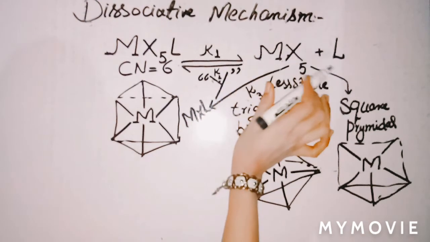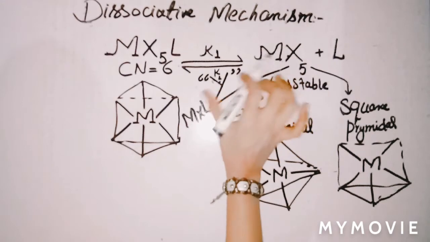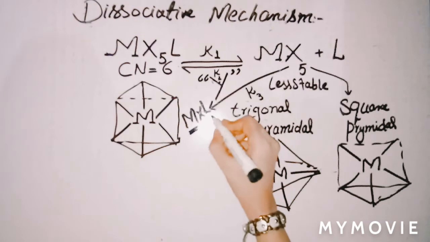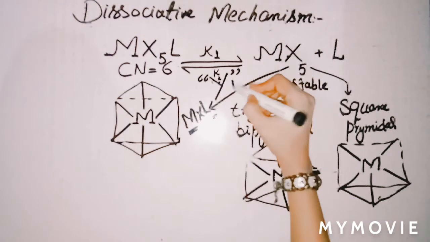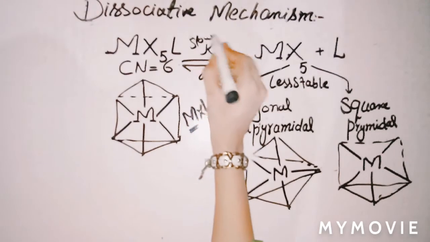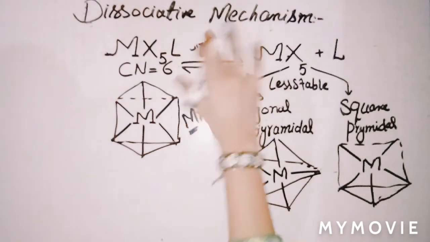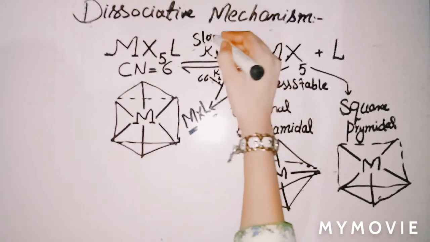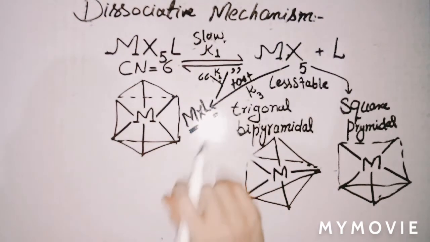When the intermediate reacts with the ligand, it is fastly converted into product, substituted product. So this step is a fast step and this step is a slow step. So the slow step is actually the rate determining step. So now we have to find the kinetics of this reaction.